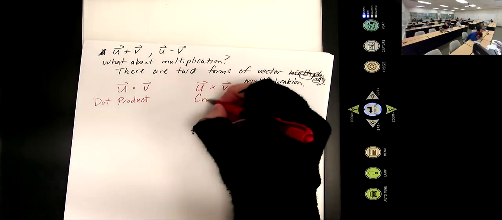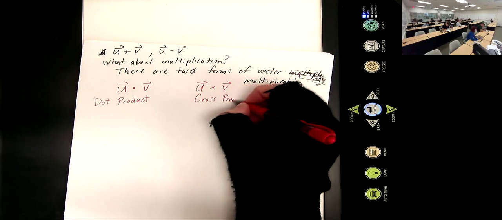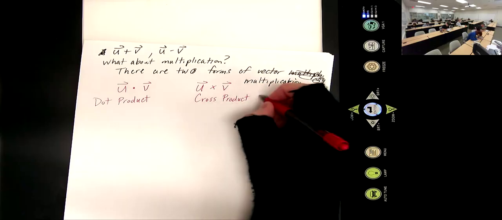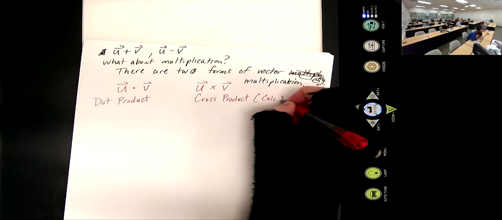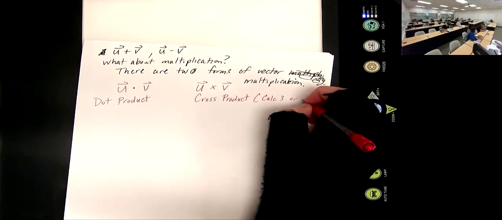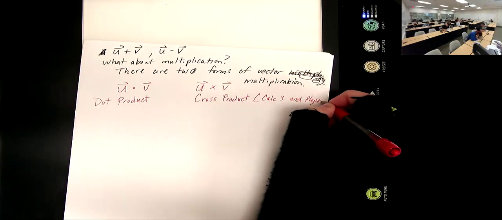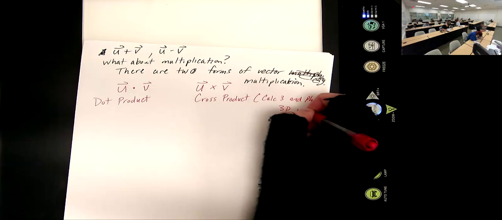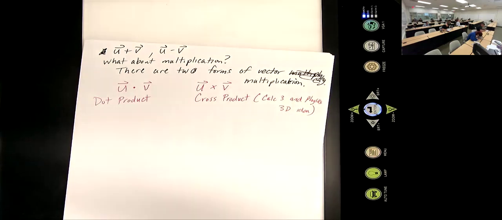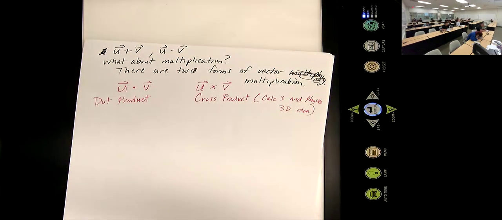This one is called the cross product. You'll see it in Calc 3 and physics. It's a 3D idea. They are 2 different things.